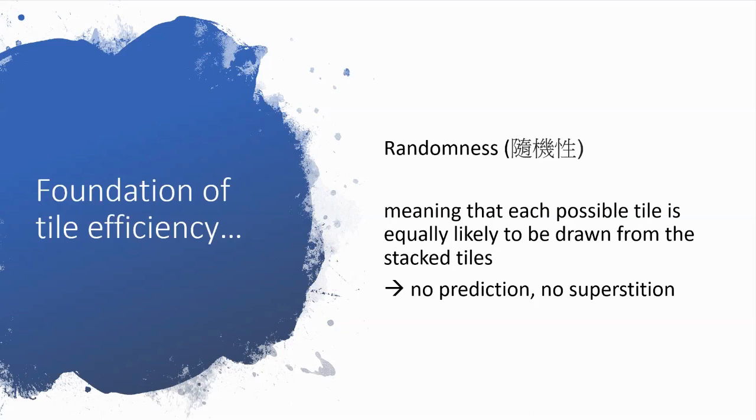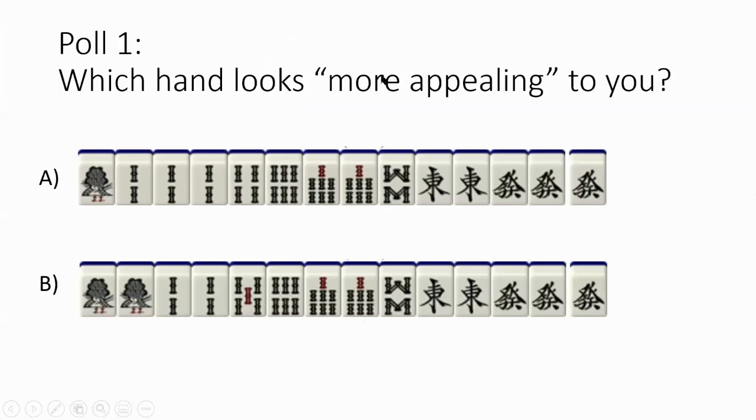And in fact, using this randomness, we could build the theory of tile efficiency. But before I go into the explanation of what tile efficiency is, I would like to have a little bit of interaction with you guys. So here I would like to have a simple poll, a simple questionnaire.